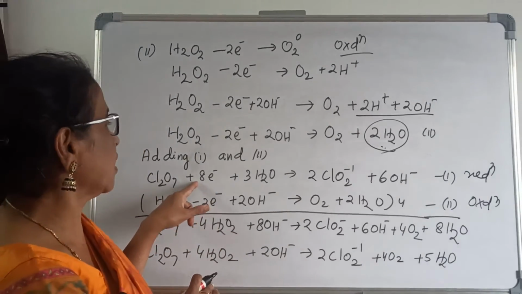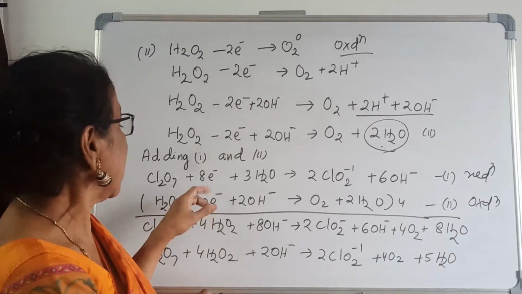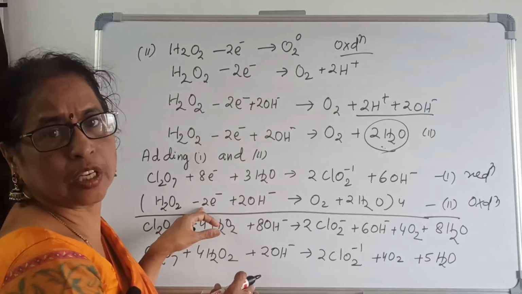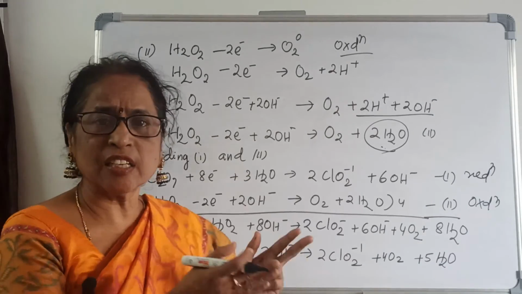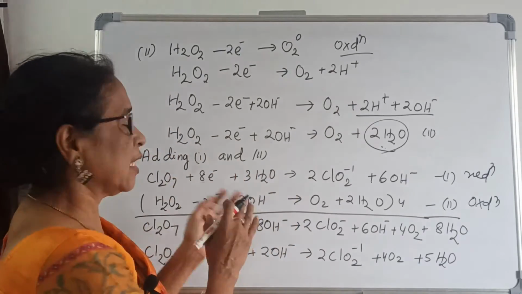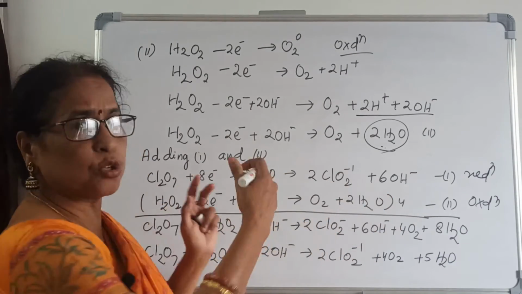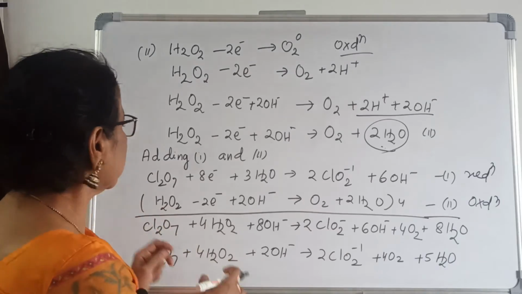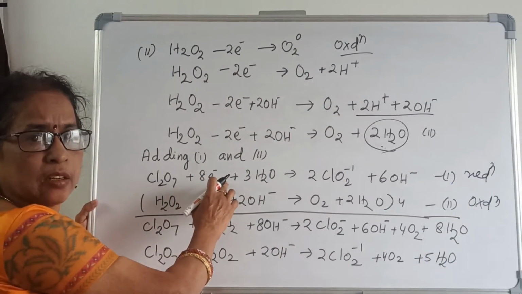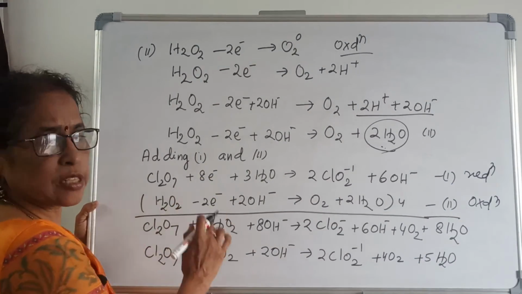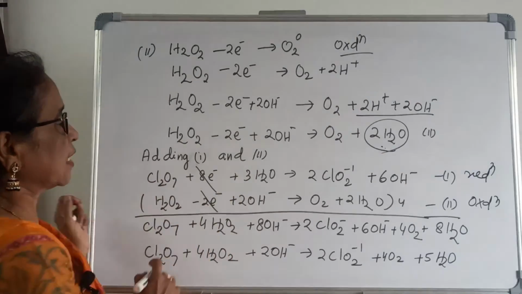Now in the first equation there are 8 electrons, and in the second equation there are 2 electrons. That is why, to cancel the electrons, how can you cancel? The second equation should be multiplied by 4, so that the first has plus 8 electrons and the second minus 8 electrons. That means it is cancelled.